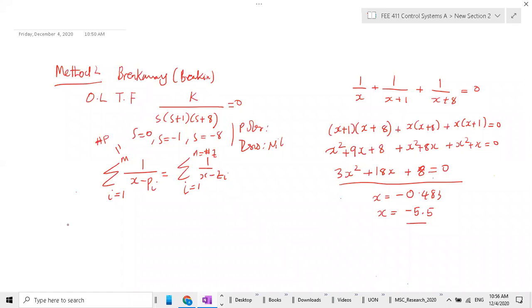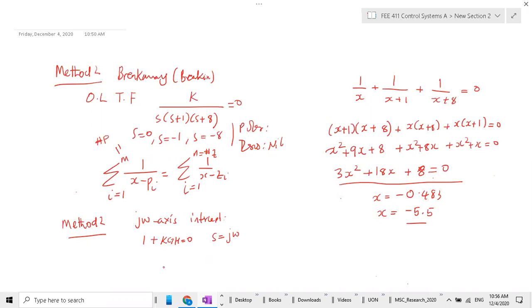Another method, method 2, is for the J omega axis crossing. What you do is you get the characteristic equation and then you substitute S equals J omega.